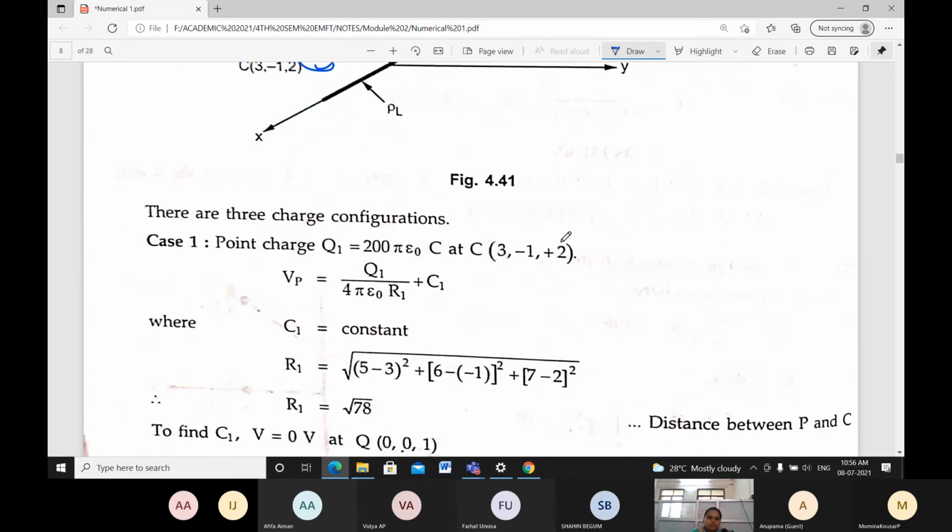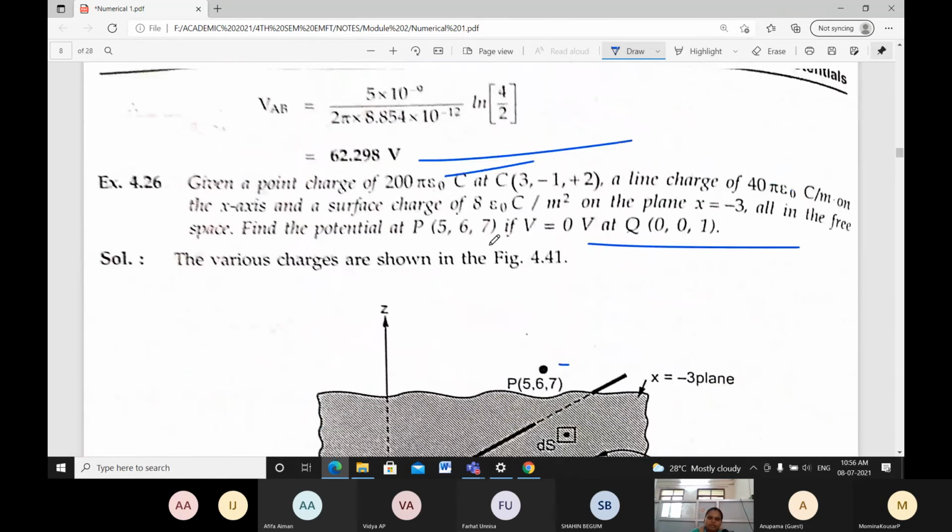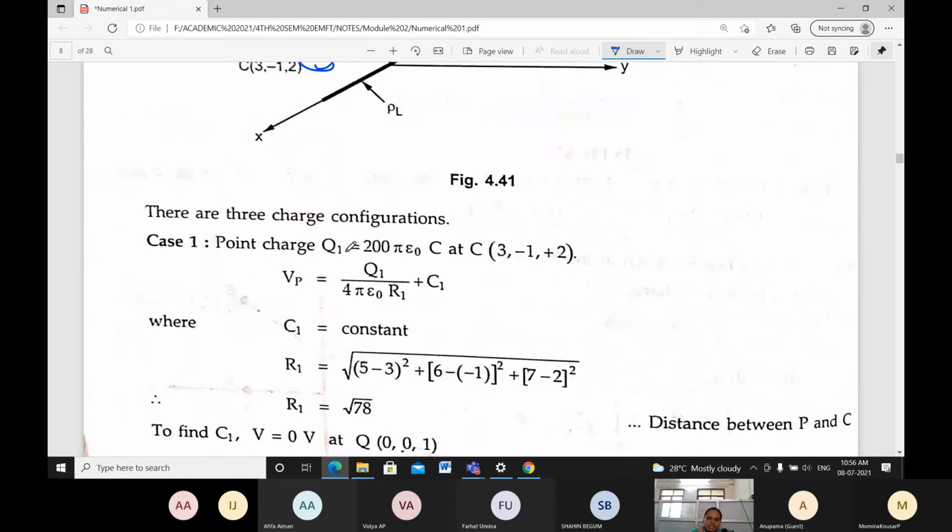In the first case, I am going to consider the first part, the point charge Q1, which is 200 pi epsilon naught coulombs at C, 3, minus 1, plus 2. Therefore, Vp is going to be what for this? Q1 divided by 4 pi epsilon naught R1 plus C1. We took this previously. C1 is what? A constant value.